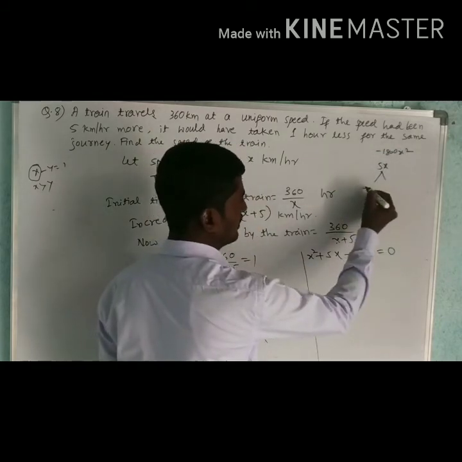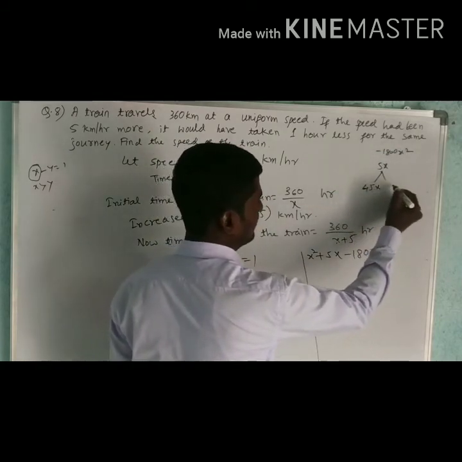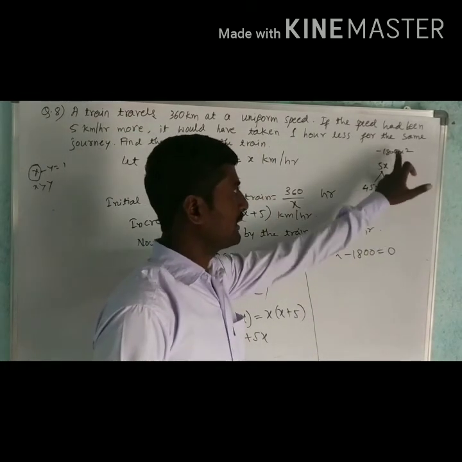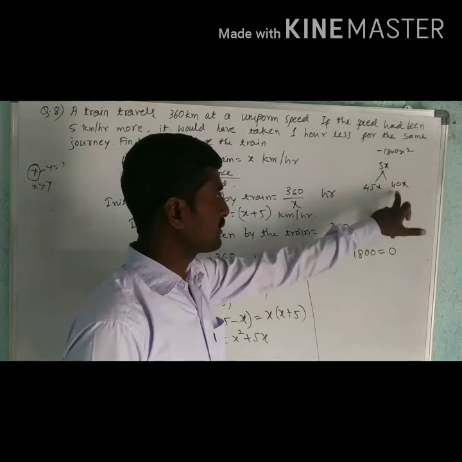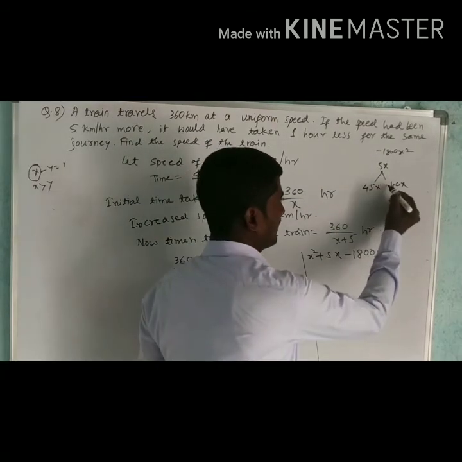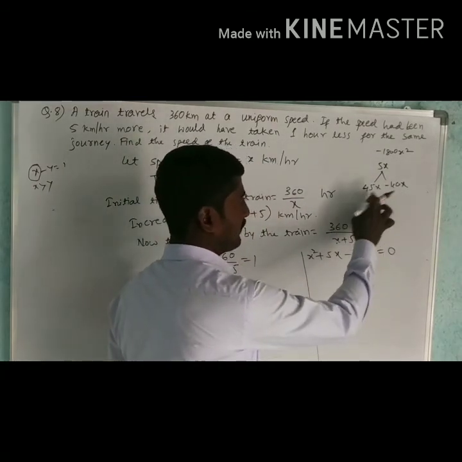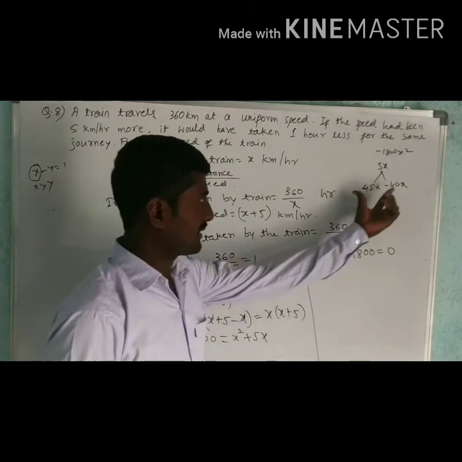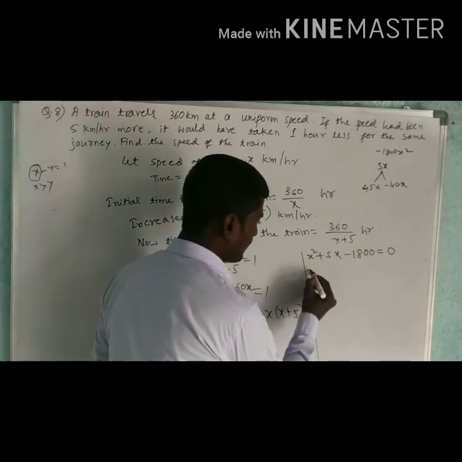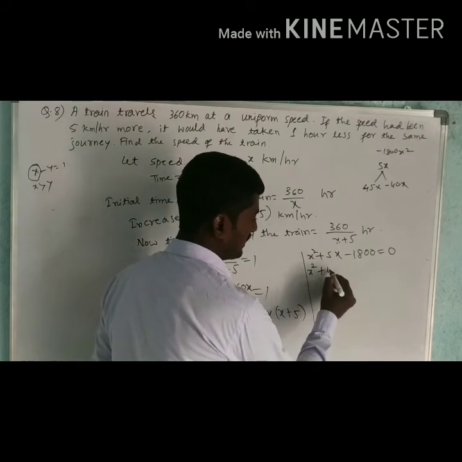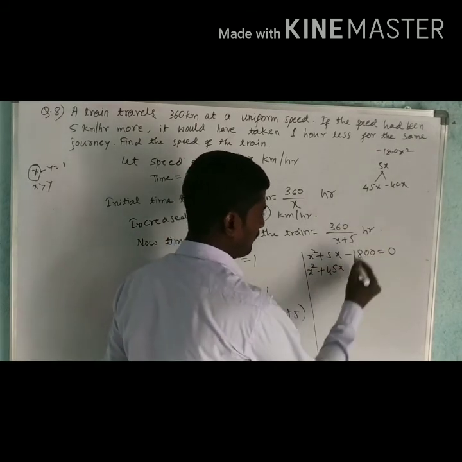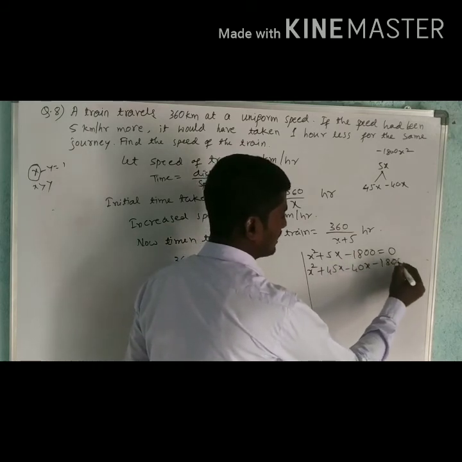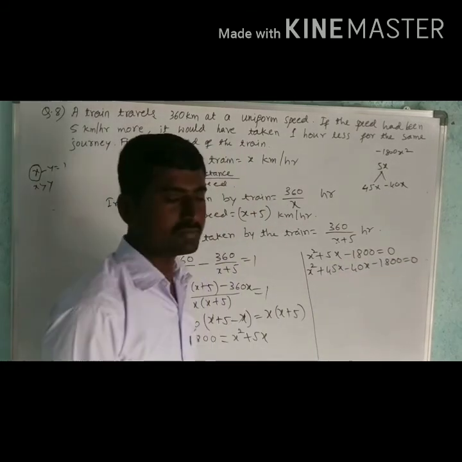This I can write as 45x and this as 40x. If you multiply these, I will get minus 1800 x square, and 45x minus 40x is plus 5x. I will write these here: x square plus 45x minus 40x minus 1800 is equal to 0.